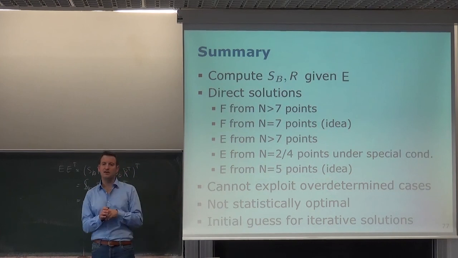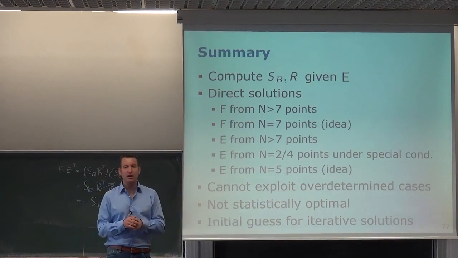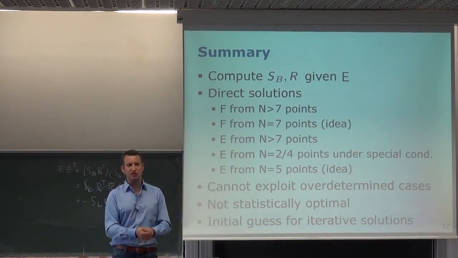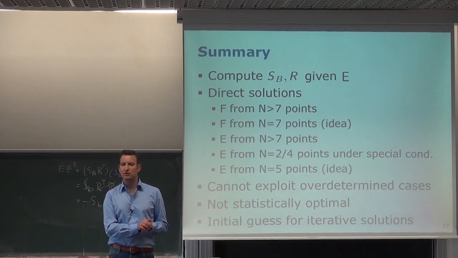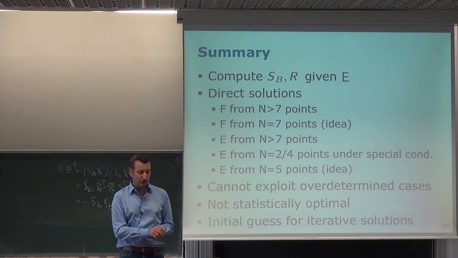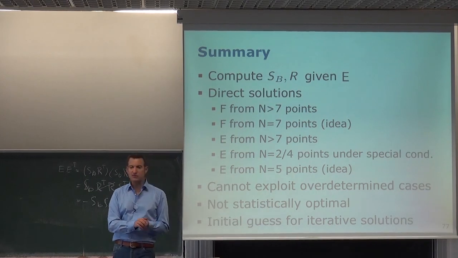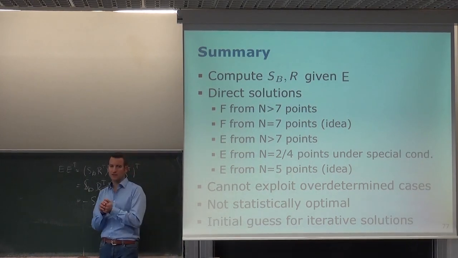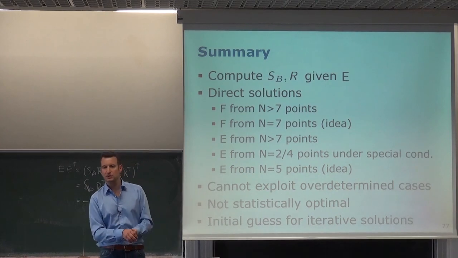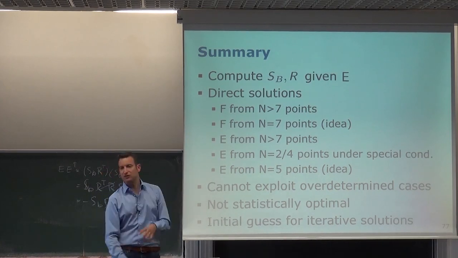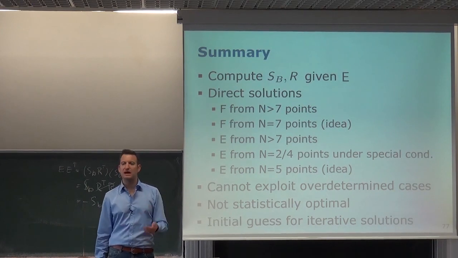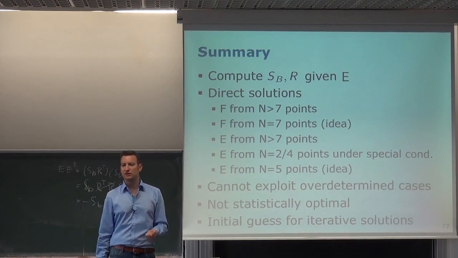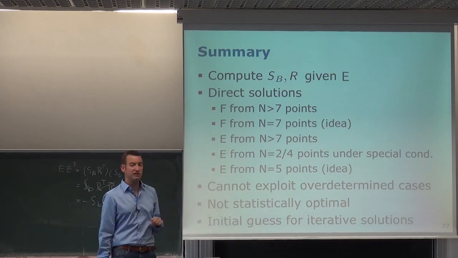And those techniques are typically used as an initial guess for then refining the solution with the least squares approach. Looking into these iterative solutions is something we are going to do in the next lecture. The techniques we discussed here today are those which we need to initialize our iterative solvers for obtaining a statistically optimal solution.